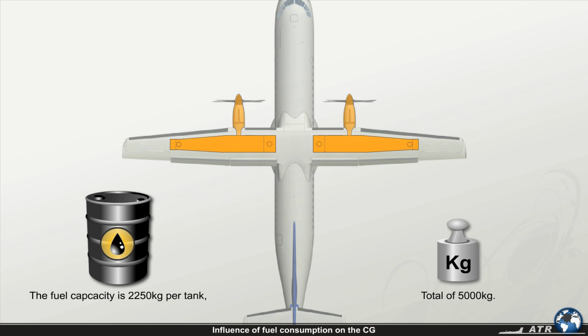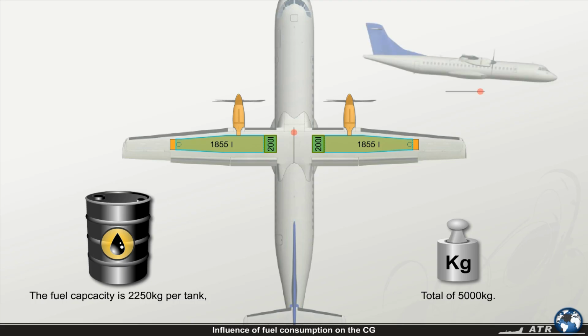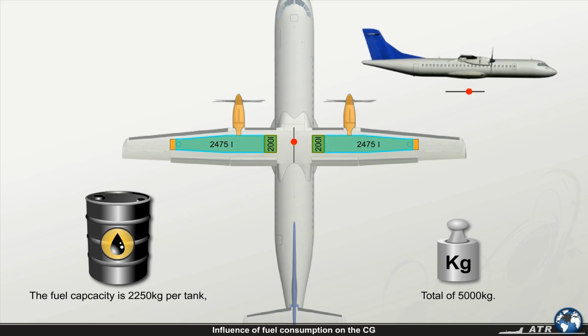Due to the location of the fuel tanks, fuel consumption will alter the aircraft's center of gravity during flight. During refueling, the center of gravity moves rearward. When the engines are running, and thus burning fuel, the center of gravity moves forward.